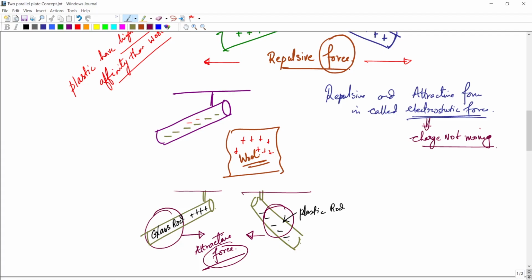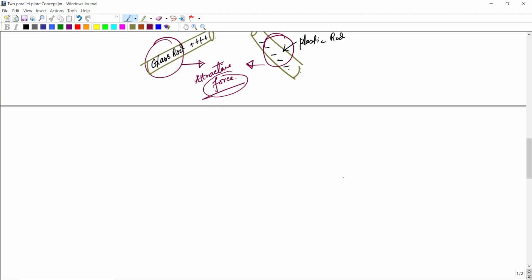Okay. Now we discuss another instrument called the electroscope. What is an electroscope?